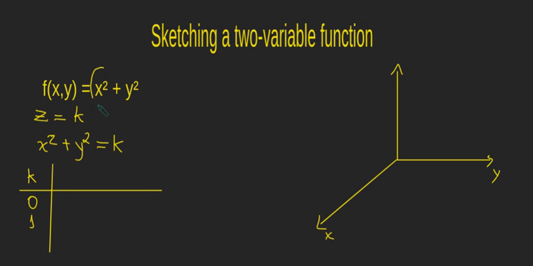As this expression is always at least 0, it doesn't make sense to look for values of k which are negative.